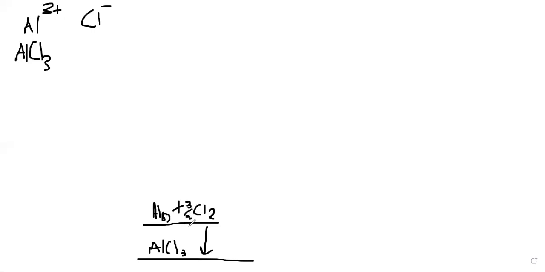So 3/2 times 2, that is 3. So this is basically saying we have 3 chlorine and we have 3 chlorine here. So remember, this is what must match up with this. All right. So we can go ahead now and start the indirect route.